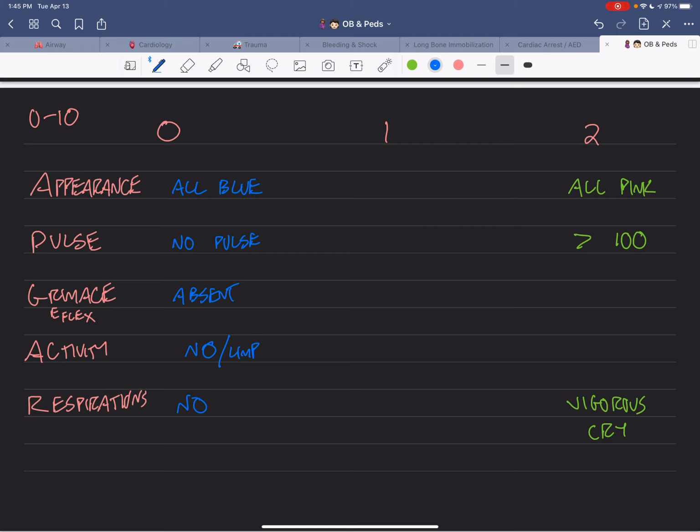In the middle here, pulse will be less than 100. Appearance is going to be blue extremities, pink body. Respirations are a little bit harder.